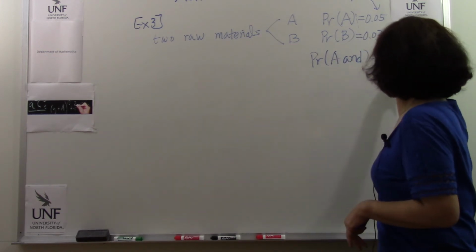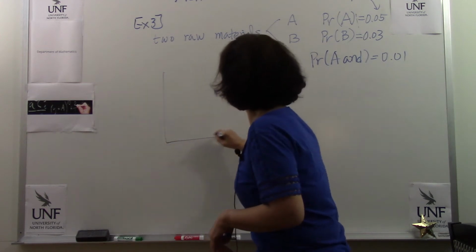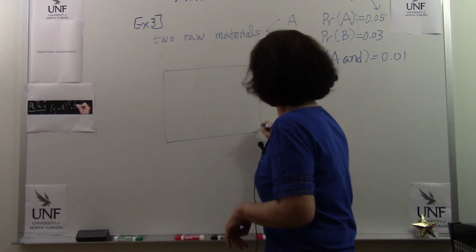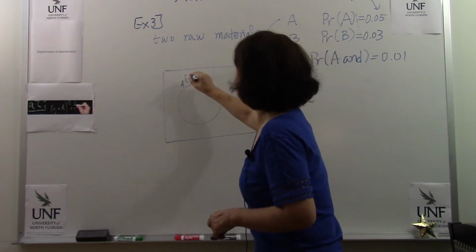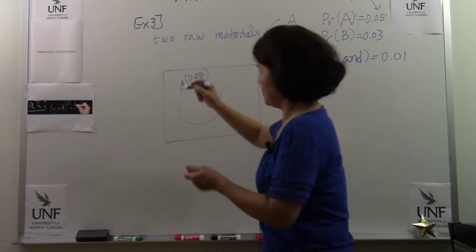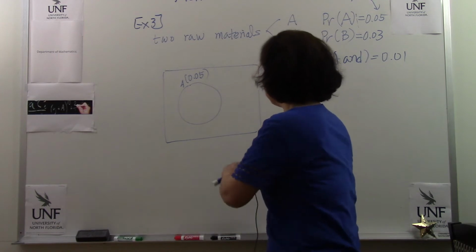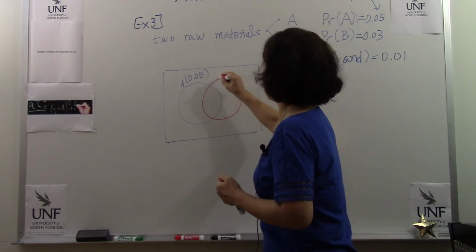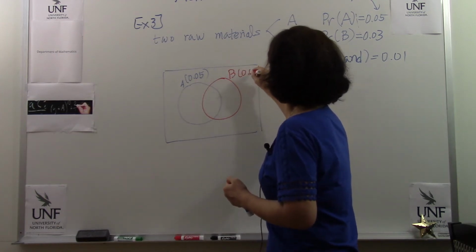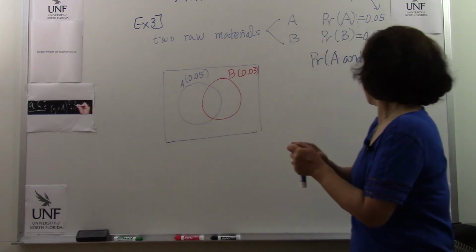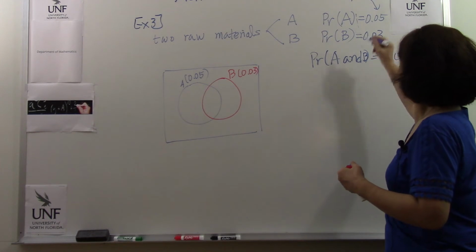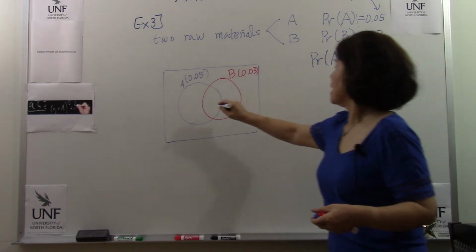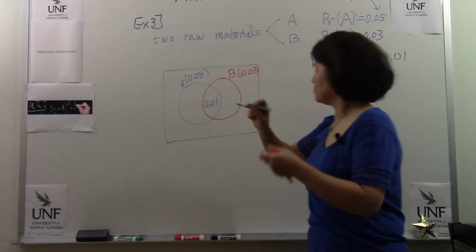Okay, so over here we are going to draw a Venn diagram. Material A is not adequate 5% of the time, and material B is not adequate 3% of the time, and here A and B both, that is 0.01.